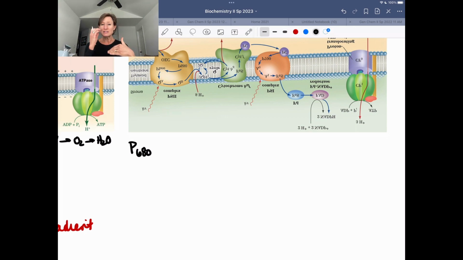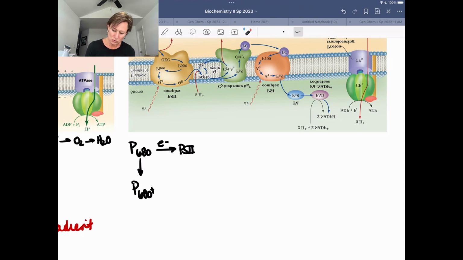This process starts with this photosynthetic pigment, this chlorophyll, being oxidized or losing its electron. So it becomes P680 star. And that electron is going to go and be part of photosystem 2. So that's this first photosystem that we have here.